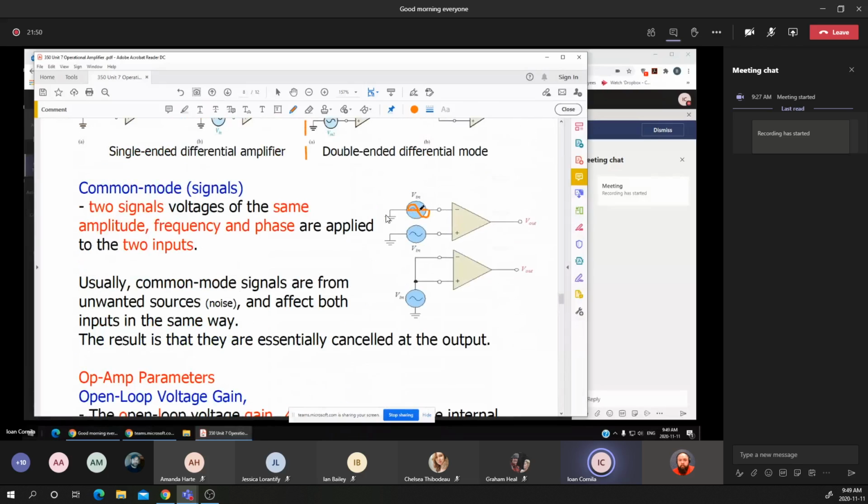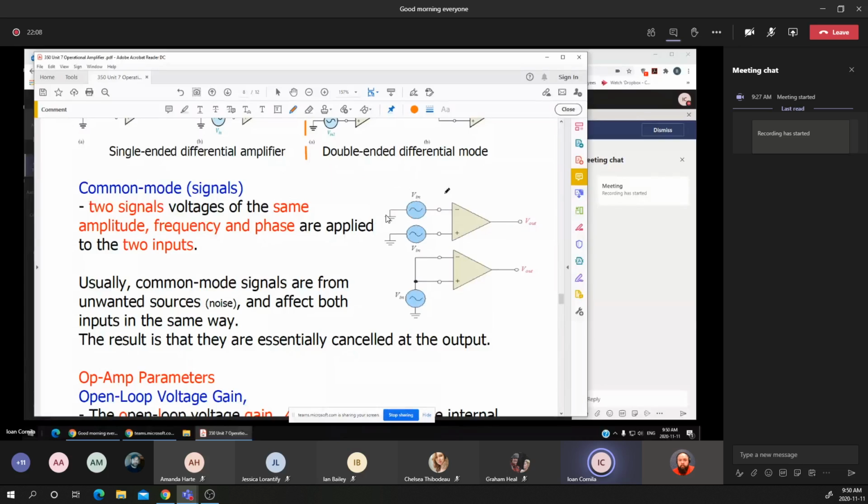What is common mode? It means that I'm applying to input 1 and input 2 the same amplitude and the same phase shift. You notice that there is no phase angle between the two input voltages.